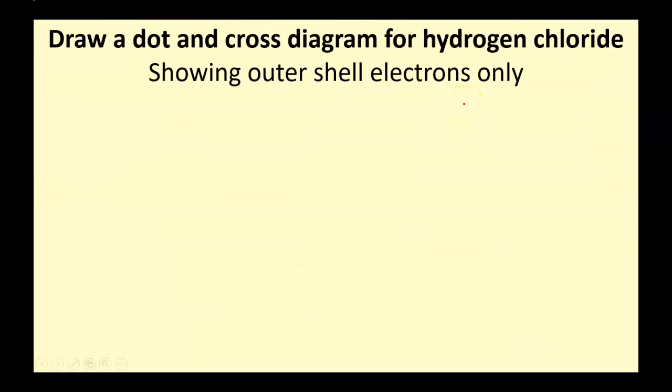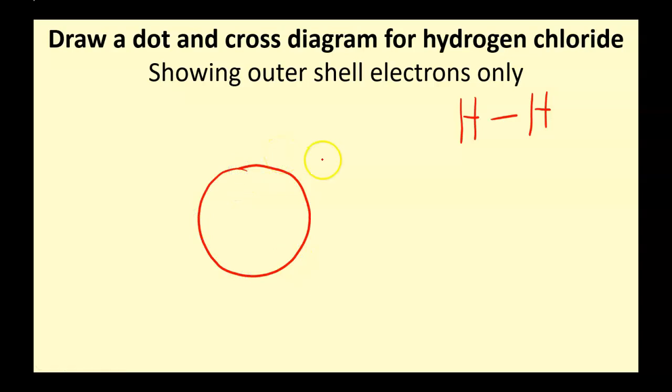So the key point is hydrogen forms 1 bond, so we could draw a displayed formula. This is showing the 2 hydrogen atoms joined together with a single covalent bond. This is the only possible arrangement. The other way we could also do this is to know that hydrogen exists as diatomic molecules, so as 2 hydrogen atoms joined together.